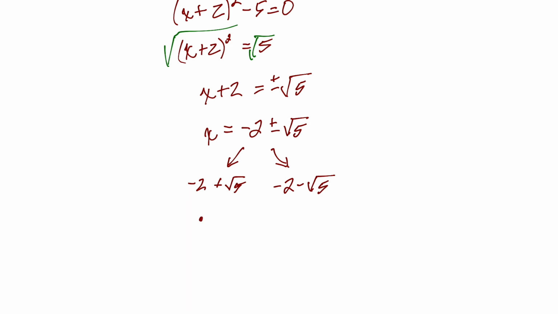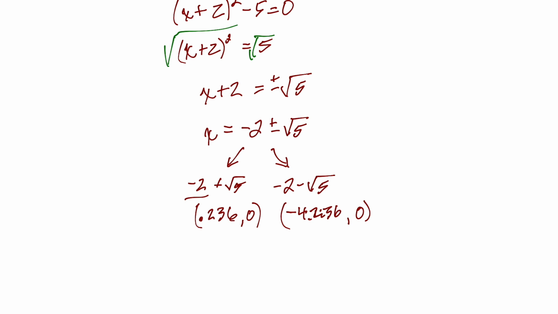So this is point, because the two right here is negative. So 0.236 and -2 minus 2.236. All right, so here's one of them when y equals 0, and there's the other one. So we got our two x-intercepts.